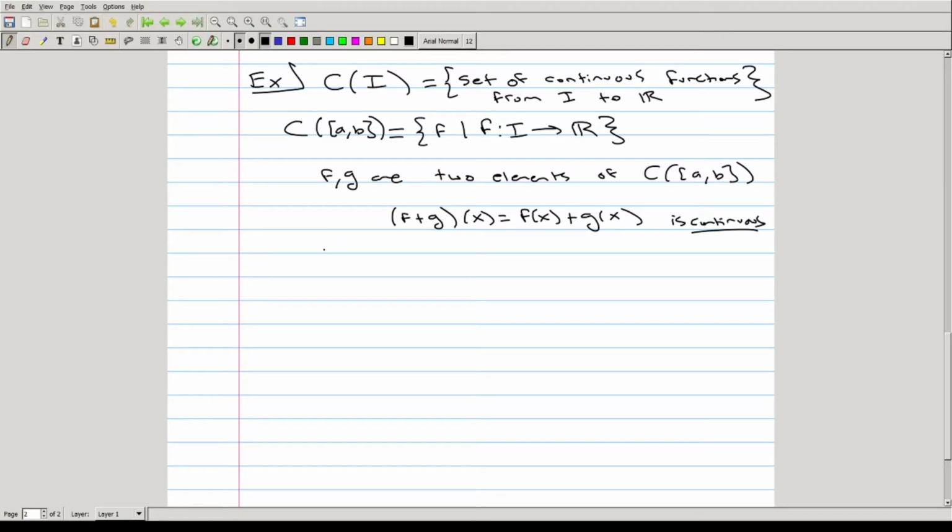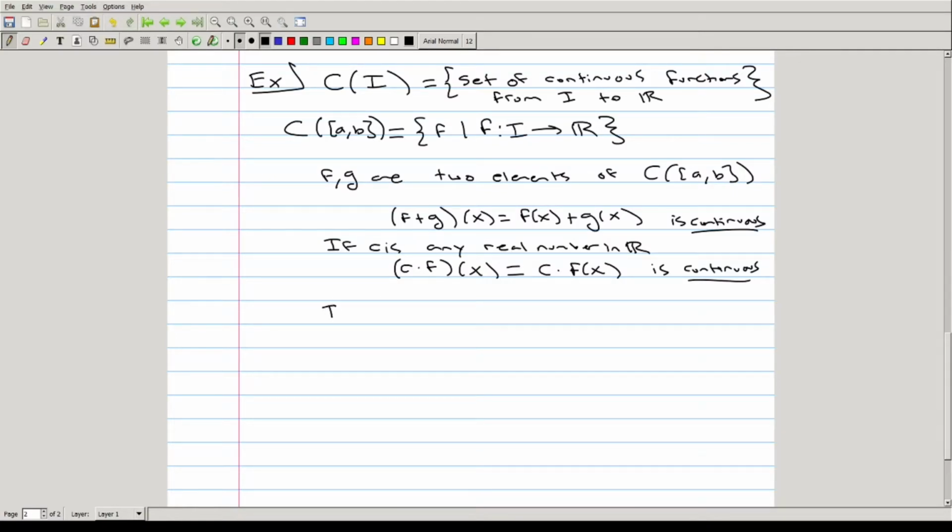And we also have that if c is any real number in R, then the function c times f of x is equal to c times f of x, which itself is a continuous function on the interval from a to b.